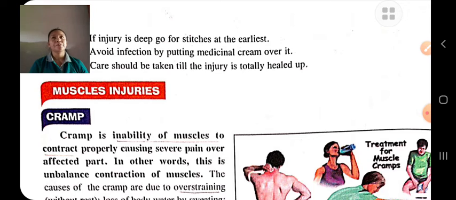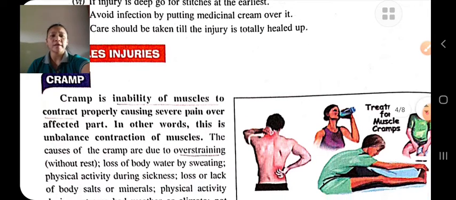Cramp. It is the inability of muscles to contract properly, causing severe pain over the affected part. When a cramp happens, the muscle is unable to contract properly.